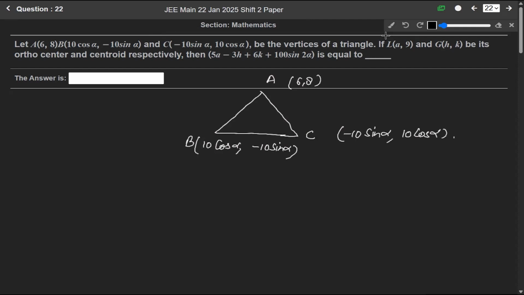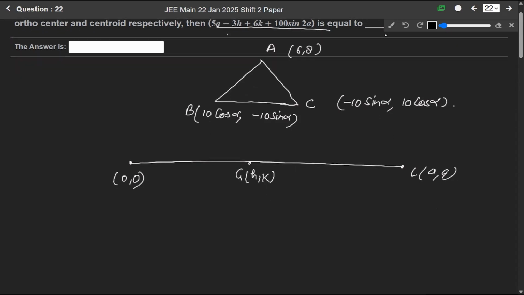If L(a, 9) and G(h, k) are the orthocenter and centroid respectively, let us say G(h, k) is the centroid, this is the origin (0, 0), and this is L(a, 9). Then we have to find this value.